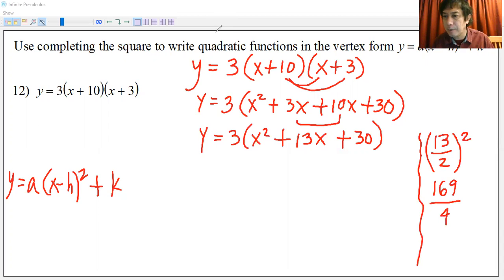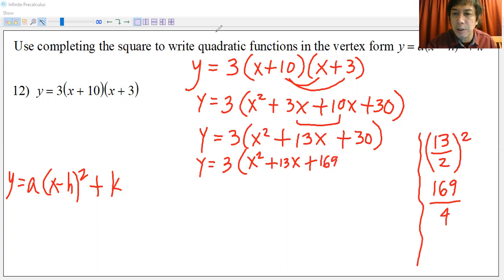And that will be our number. So this will now be 3 times x squared plus 13x plus 169 over 4 minus 169 over 4. We still have the plus 30 inside, like that.